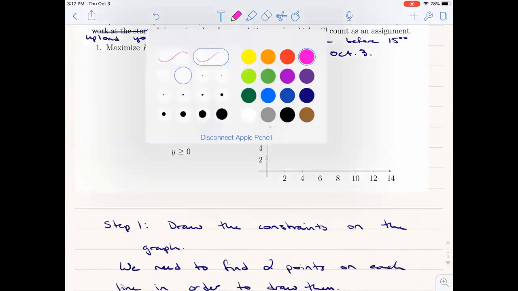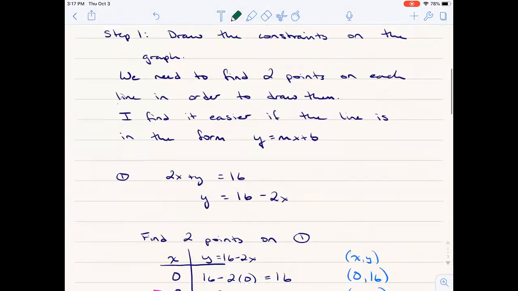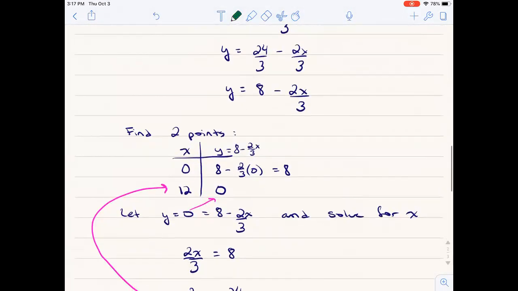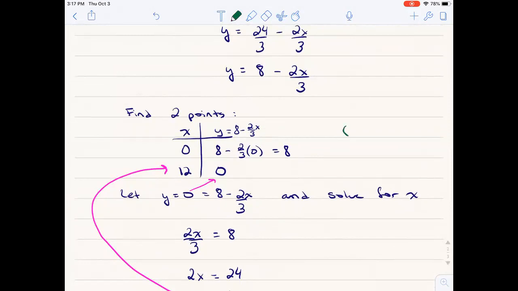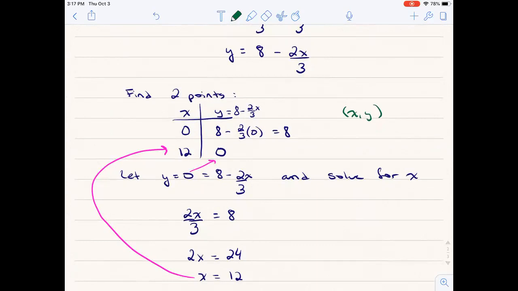So in terms of our xy points for line 2, we've got 0, 8, and 12, 0.